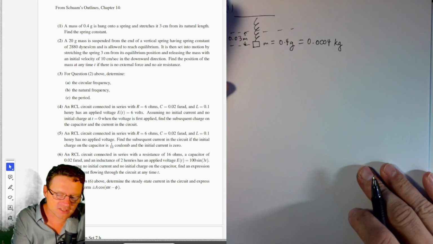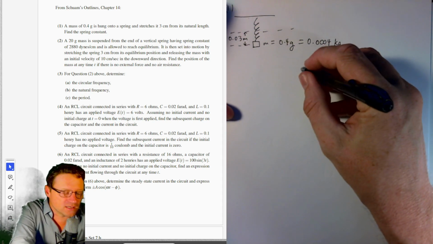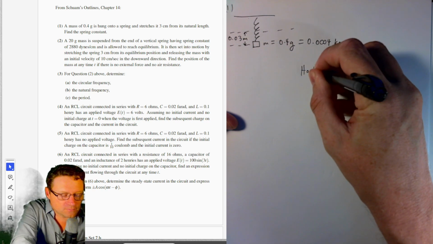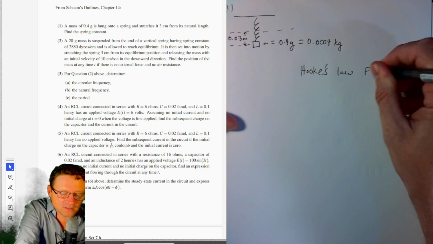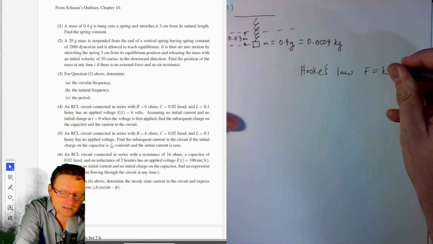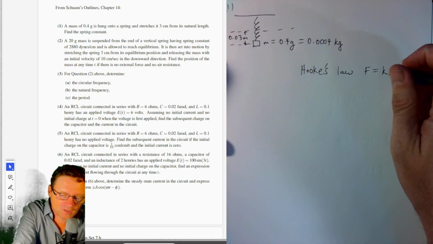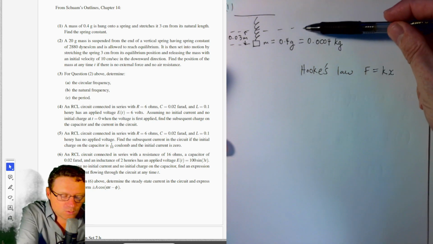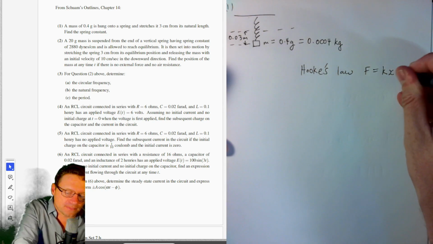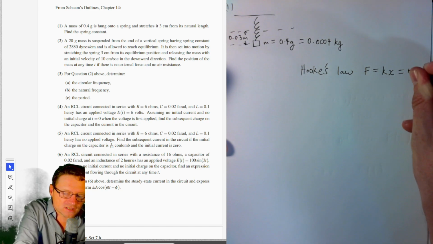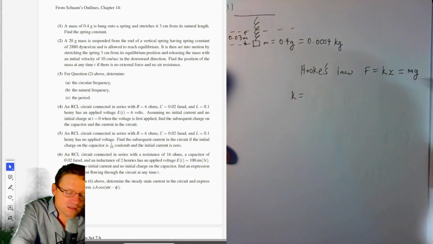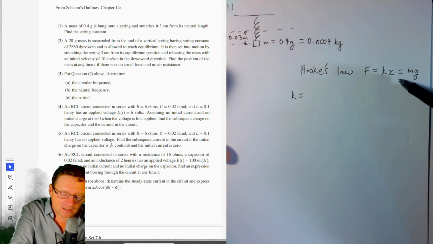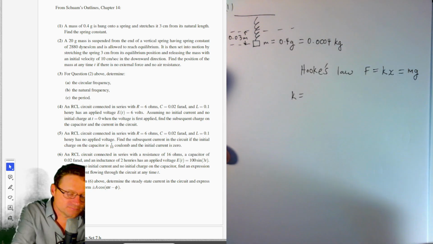Okay, we've got to find the spring constant. So what we have then is Hooke's law, which is F is equal to the spring constant K times that displacement. Now, this is equal to mass times gravity in this case. And so we can get our spring constant K by dividing by that X.